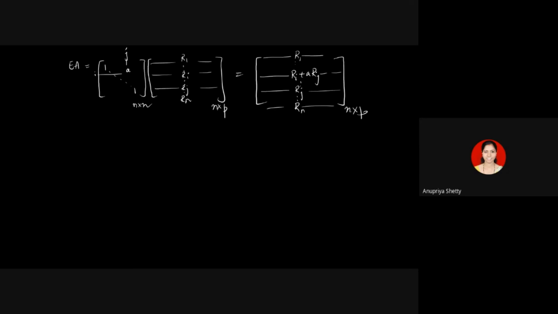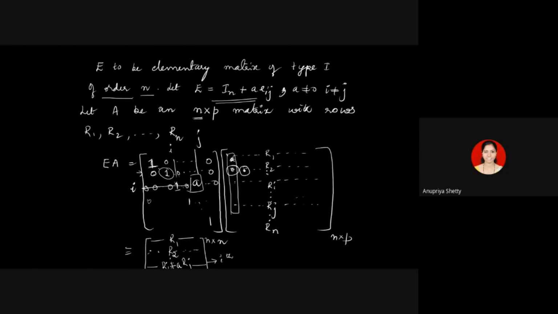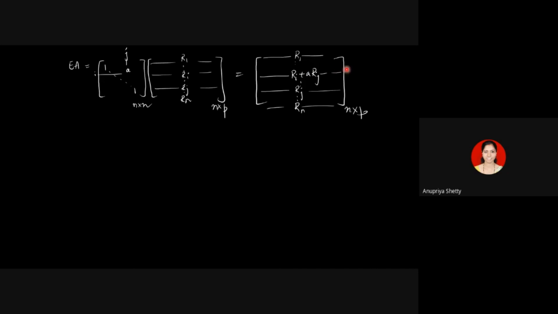So what has happened here? When the elementary matrix of type 1 is multiplied on the left side of any arbitrary matrix having the rows R1, R2, etc., Rn, what does it do? It results in a matrix where the jth row of A is multiplied with A and added to the ith row.